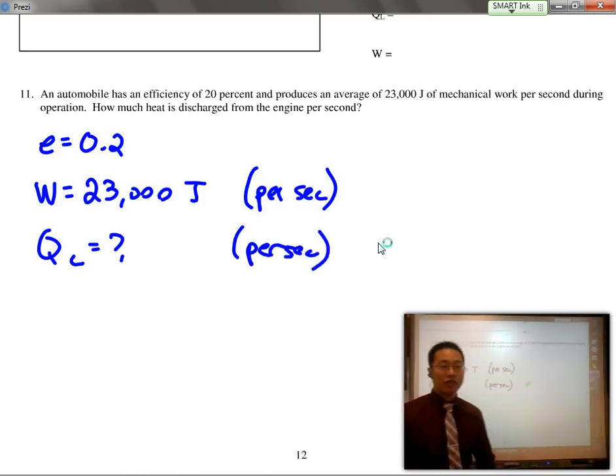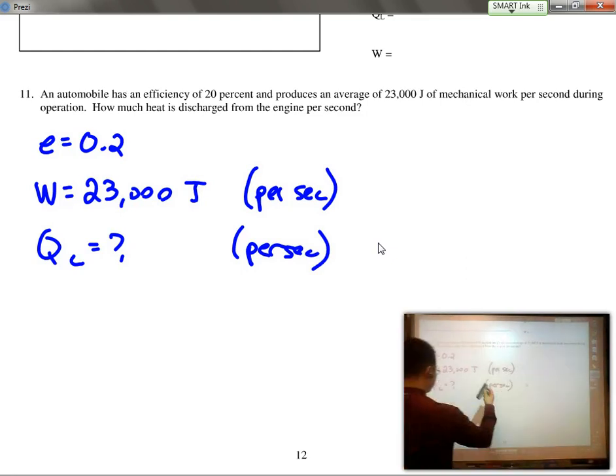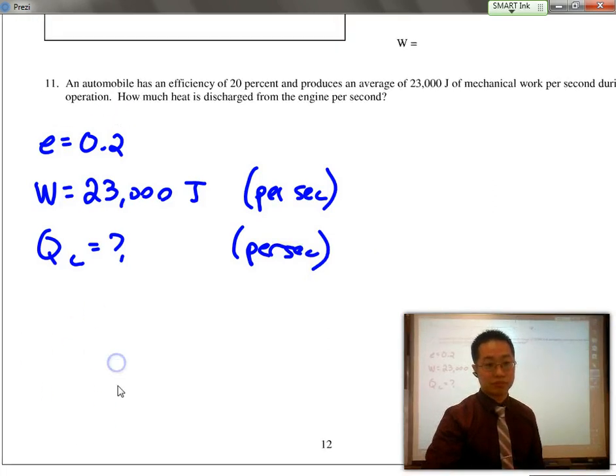Now, if you know efficiency, you know work, you can, of course, solve for QH. Efficiency is equal to work over QH. And right now, the smartboard is acting a little bit slow. So let's just pause this right now.